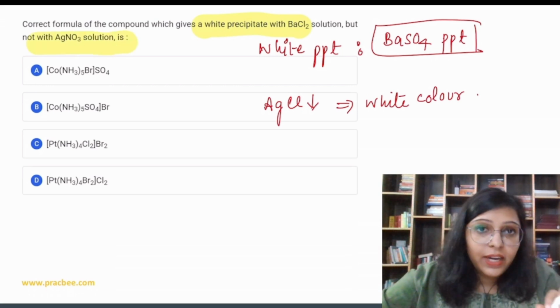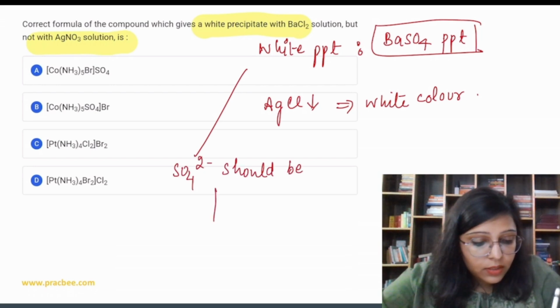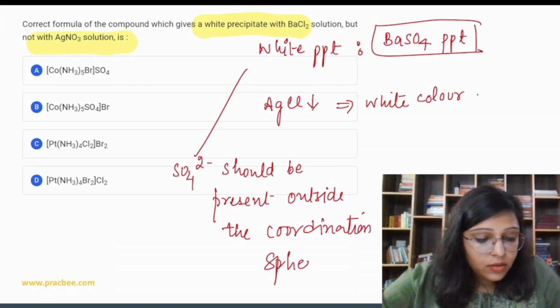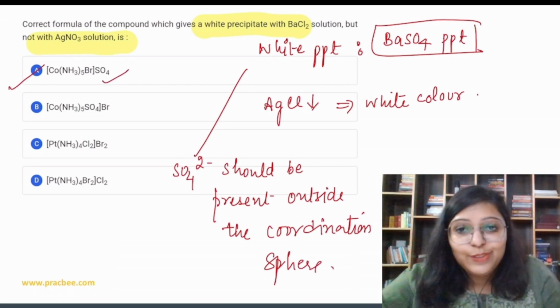It means the sulfate should be present outside the coordination sphere. So just identify it. Here sulfate is present, and the answer is this only.